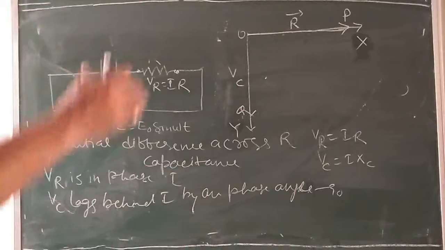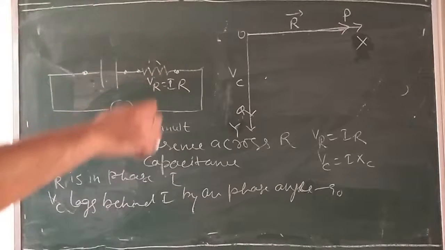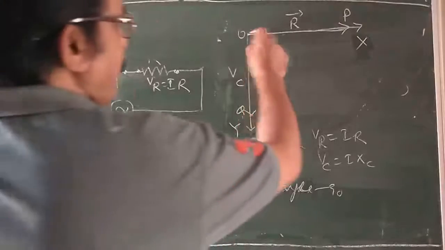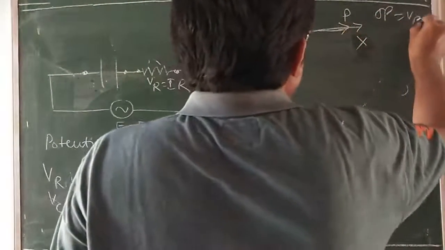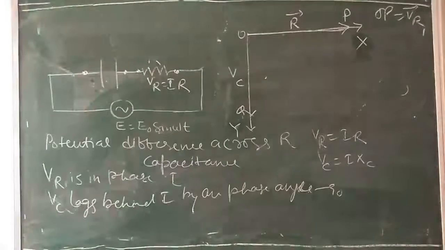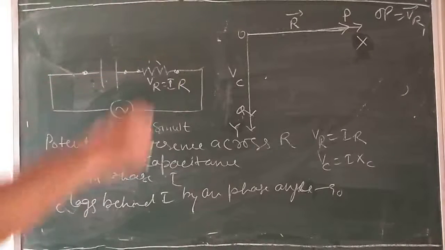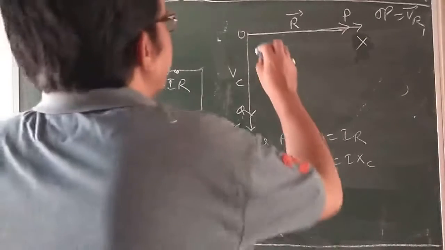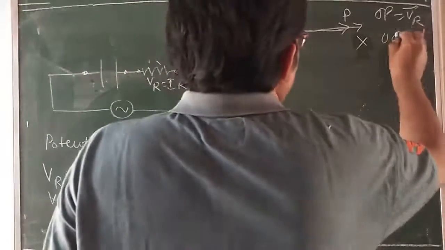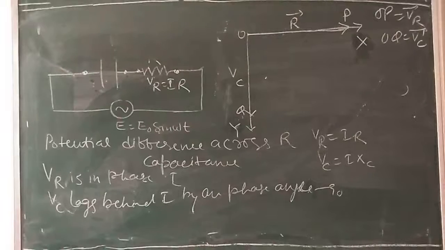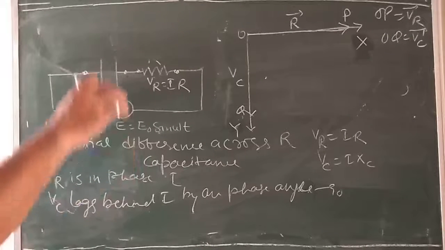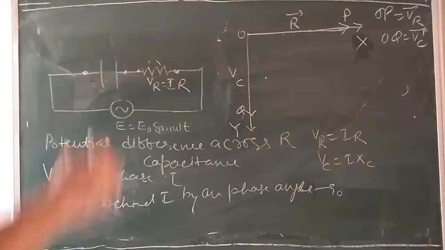The vector OP represents VR, which is in phase with I, and the vector OQ represents VC. Is it clear? So this represents VC, which lags behind I by 90 degree.